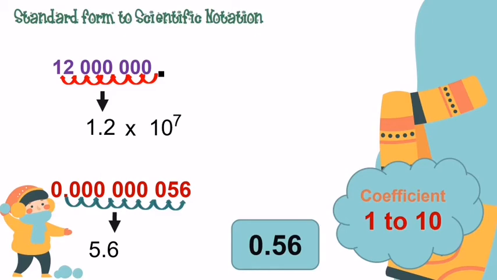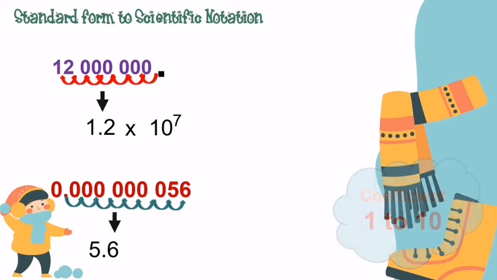Again, coefficient below 1 cannot be. So it's no. So again and again, we multiply it with power of 10, and how many times do we move? It's 8 times, so that will be our exponent. But this time around, it's negative 8.